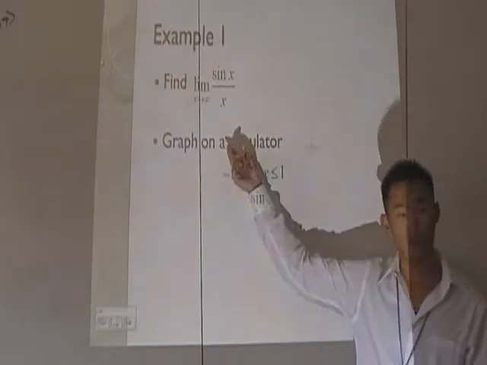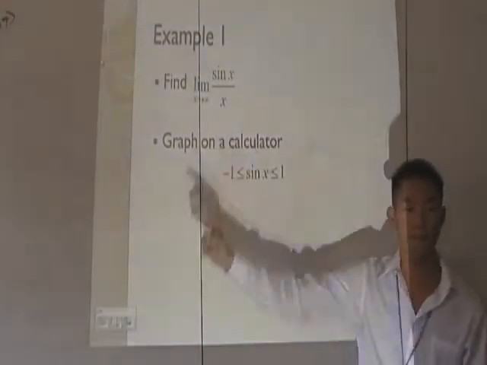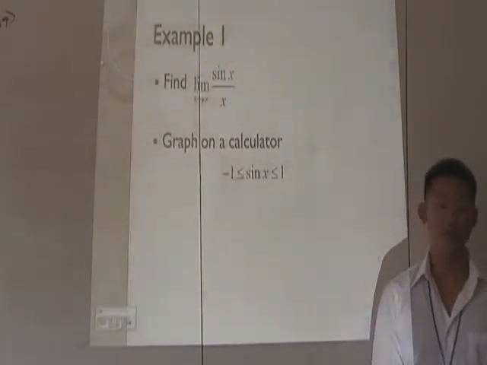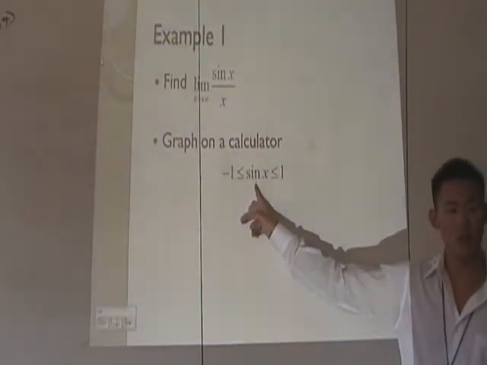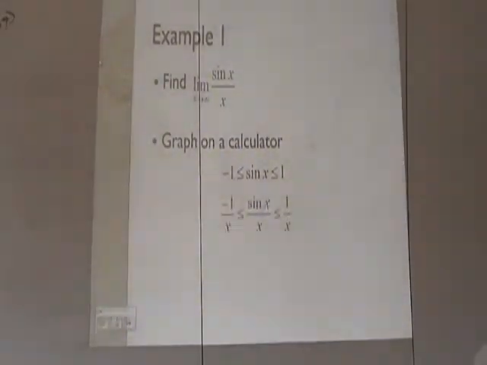Sine of x over x is. So what can we do to this to make it look like that? Divide by x. Yeah, we can divide by x, but we can't just divide this one thing by x. You have to divide everything by x. So it looks like that.